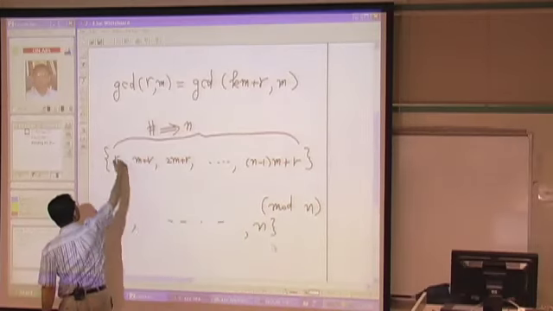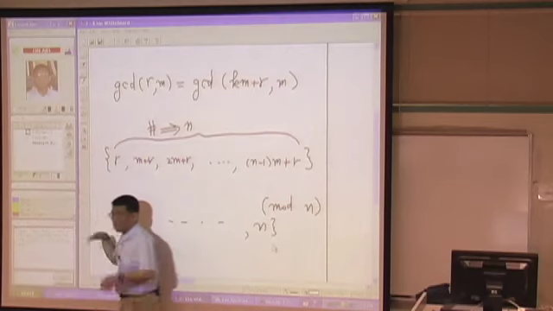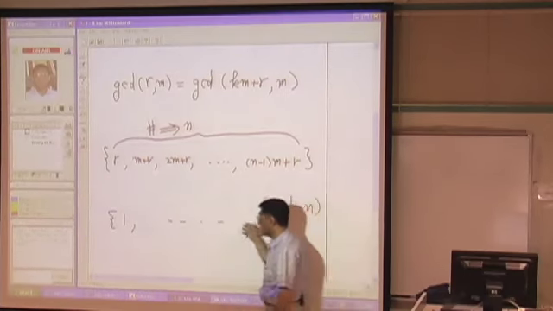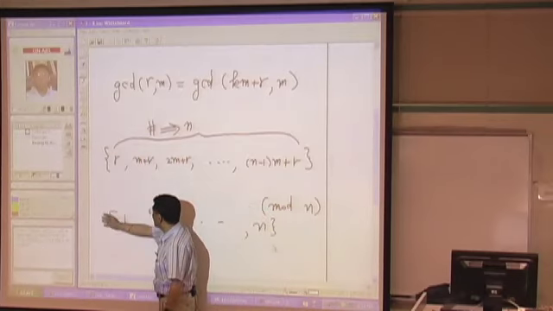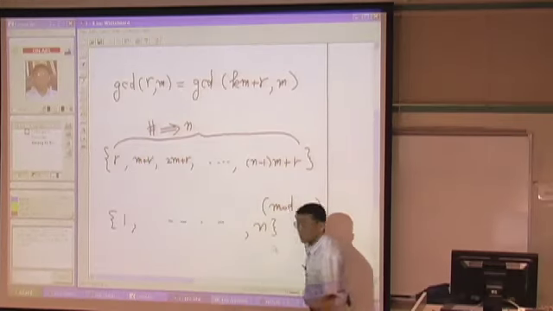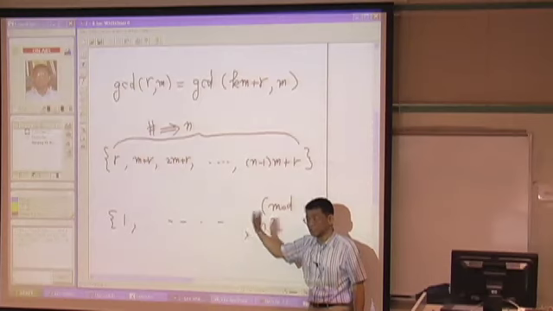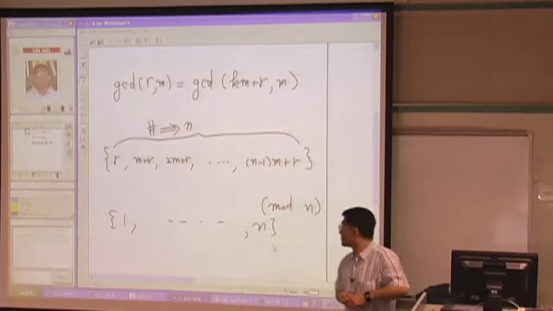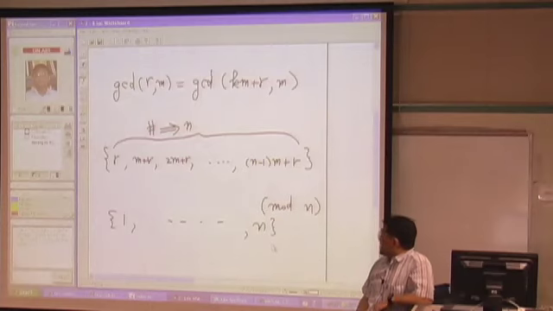Before proving this relation, I'm mentioning the goal. Our goal is proving that this set has phi of n numbers qualifying the condition. But if you don't understand, ask me. So this is the step.